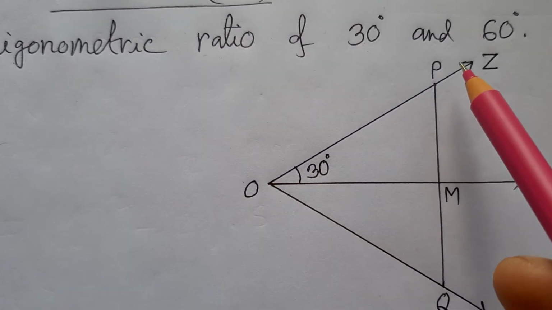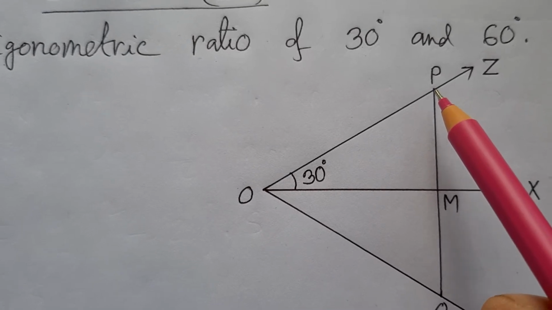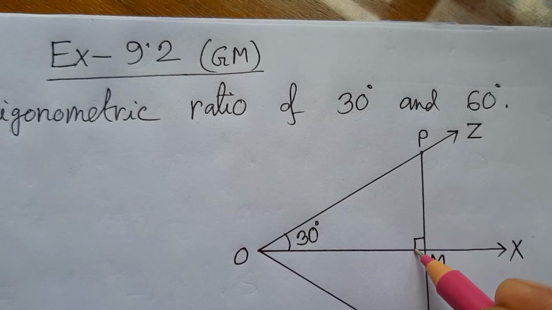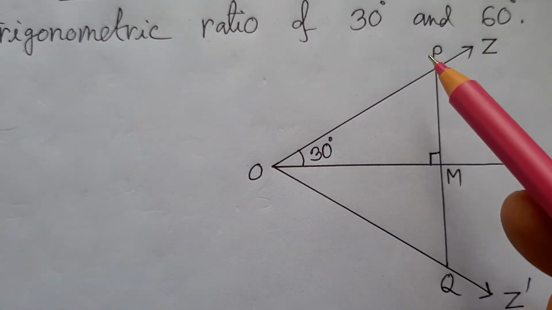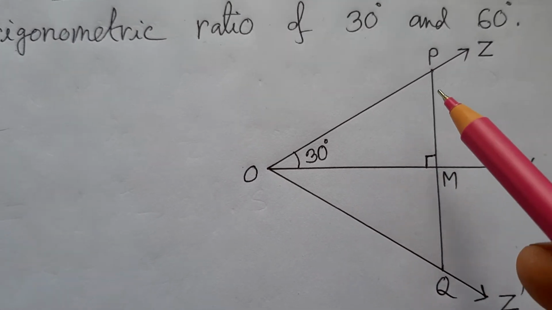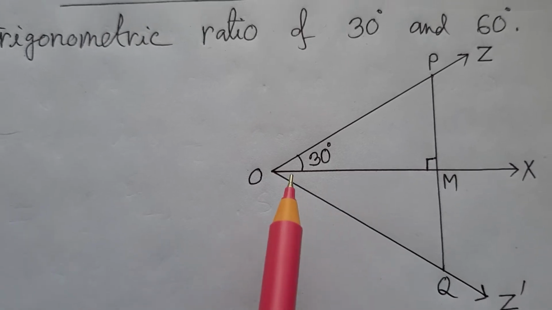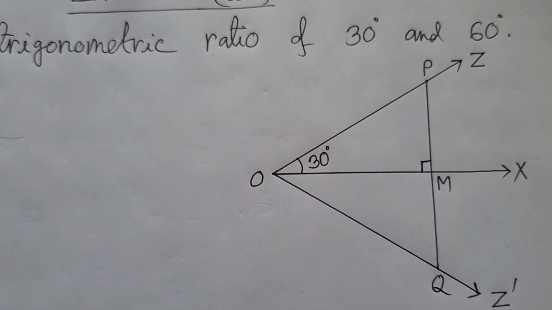Now on OZ we consider a point P, and from point P we draw PM perpendicular on OX. Here PM is perpendicular on OX, and now we extend PM up to Q such that PM is equal to MQ. Now we join OQ and we extend it up to Z prime.